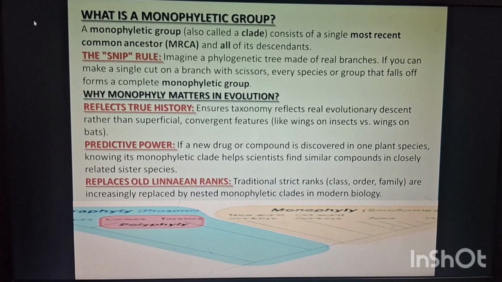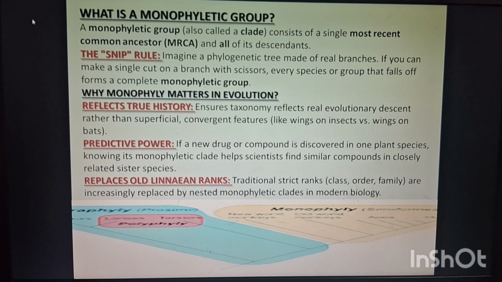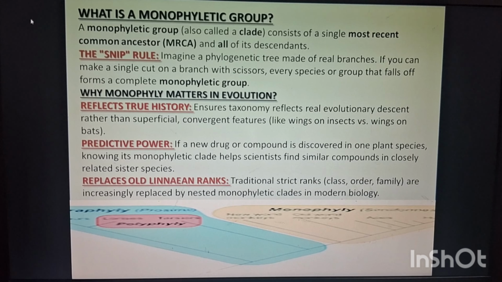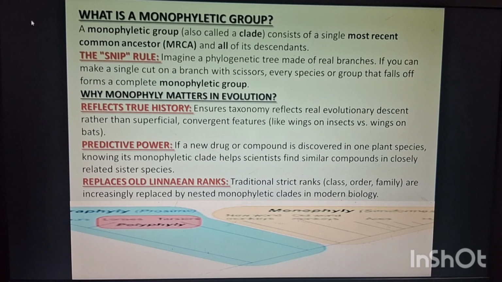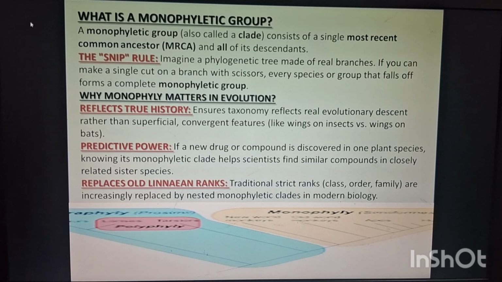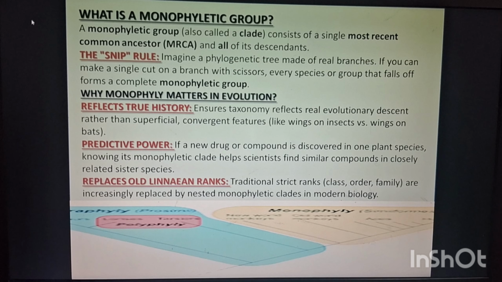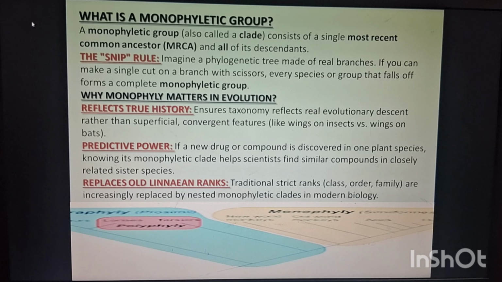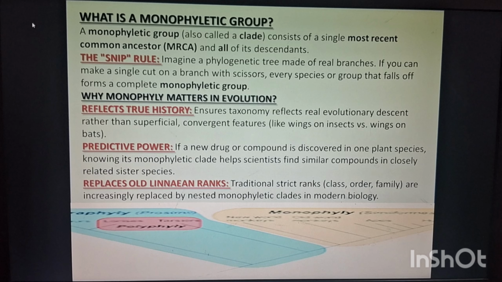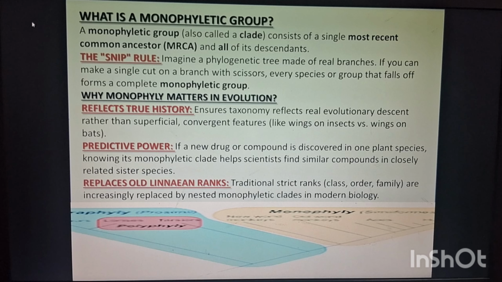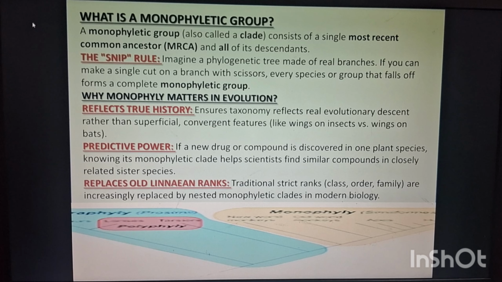If a new drug or compound is discovered in one plant species, knowing its monophyletic clade helps scientists find similar compounds in closely related sister species. Next cause, it replaces old linear ranks. Traditionally strict ranks are increasingly replaced by monophyletic clades in modern biology.